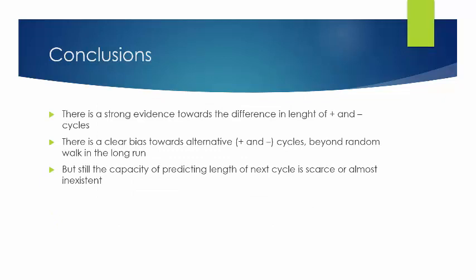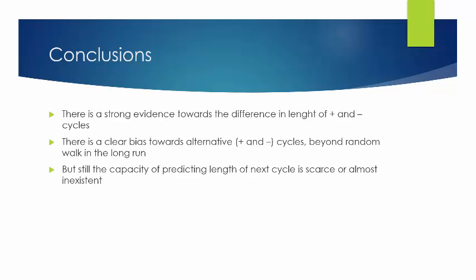The first one is that there's strong evidence towards the difference in length of positive and negative cycles. The second one is that there's a clear bias towards the alternation of positive and negative cycles beyond the random walk in the long run.